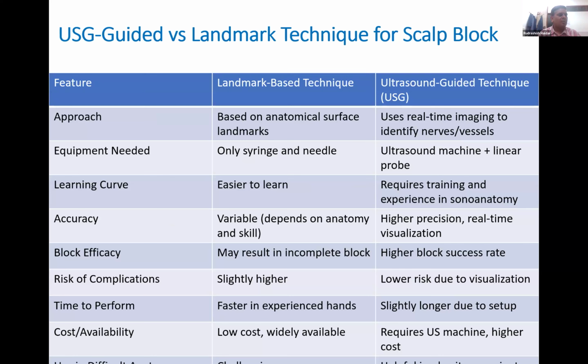Though traditionally scalp block is performed with the landmark technique, which is easy to perform and easy to learn, it may result in incomplete block, resulting in variable success, whereas ultrasound guided block requires training and experience and an ultrasound machine, but has a better block success rate and lesser chances of complications at the cost of increased time for performing the block. In ultrasound guided block, there is a requirement of a lesser amount of drug, so chances of local anesthetic systemic toxicity are also reduced.